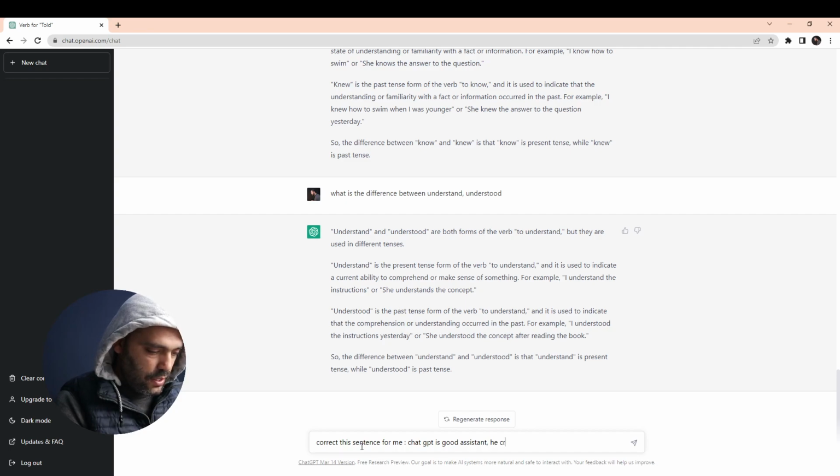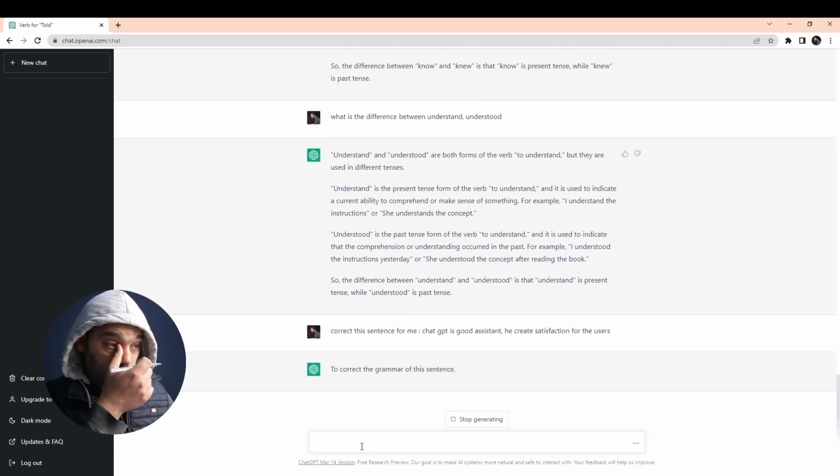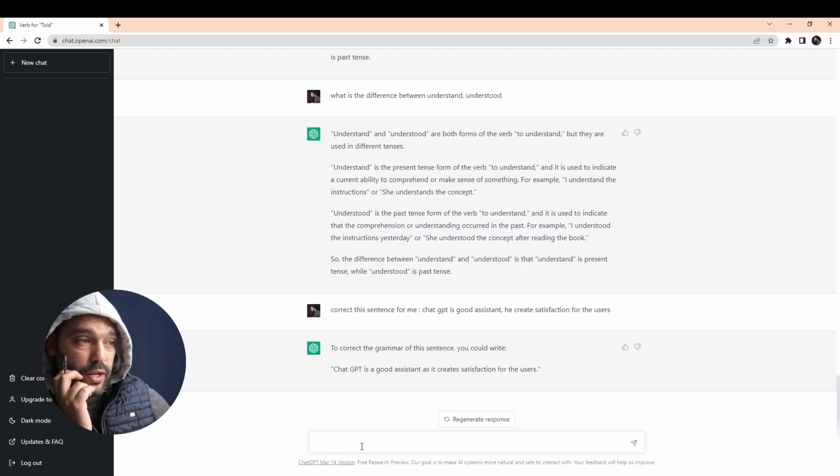He creates satisfaction for the user. Okay, to correct the grammar of this sentence, you could write: ChatGPT is a good assistant as it creates a satisfaction for the users.